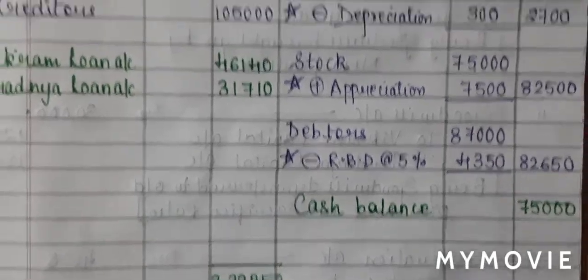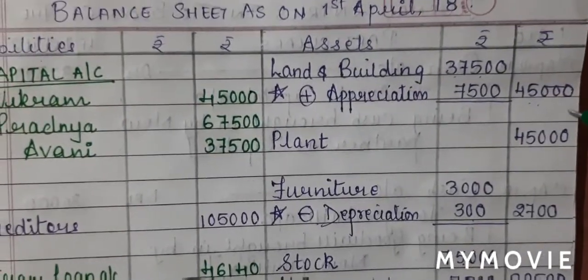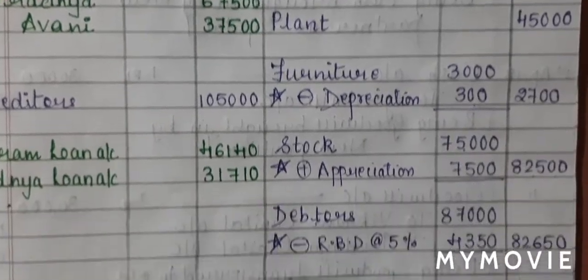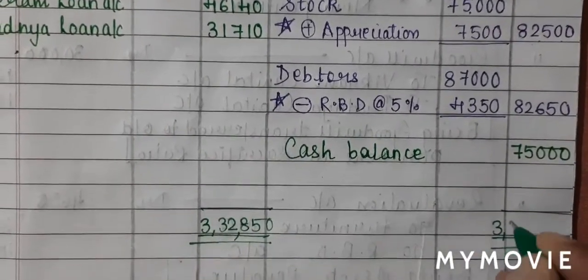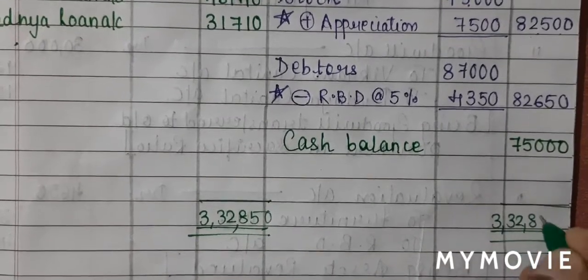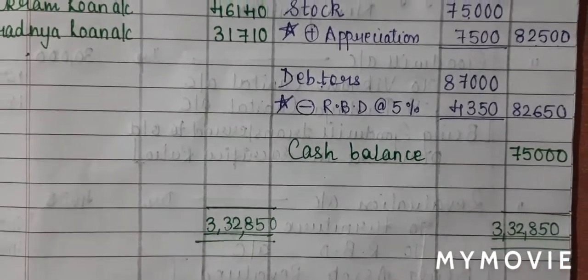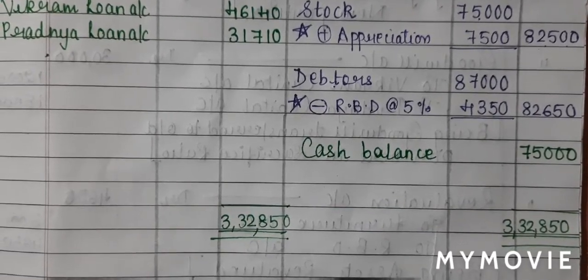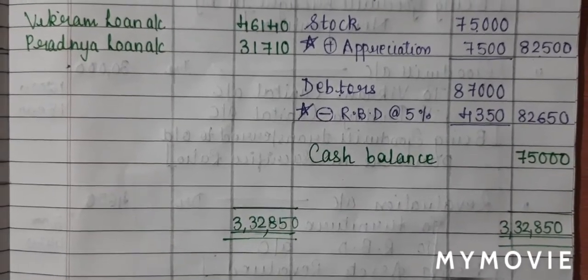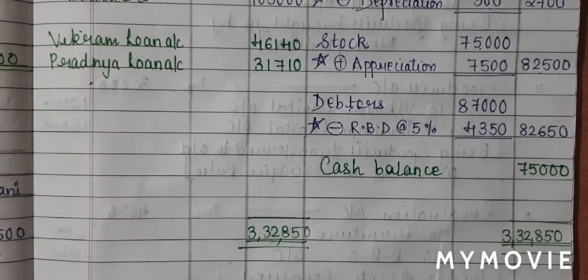And in the same manner, we will total asset side. And when we total the asset side, we get the same total as our liability, that is 3,32,850. With this students, we have completed sum number 1 for admission, and I hope you have understood the ledger as well as the journal.